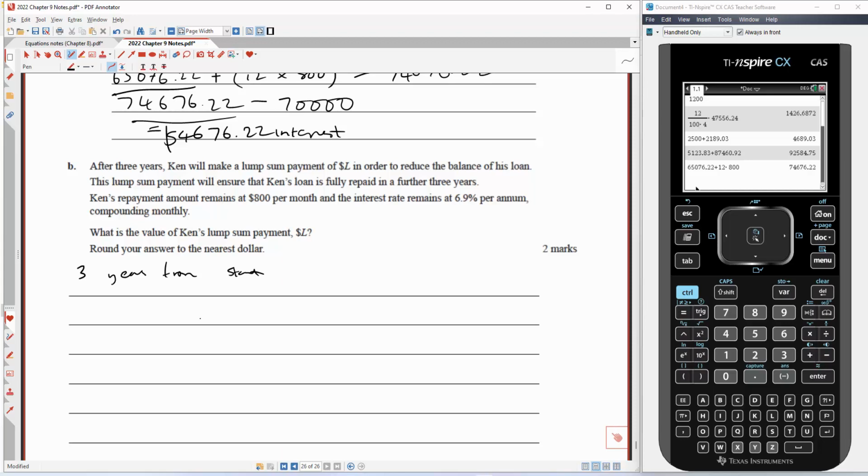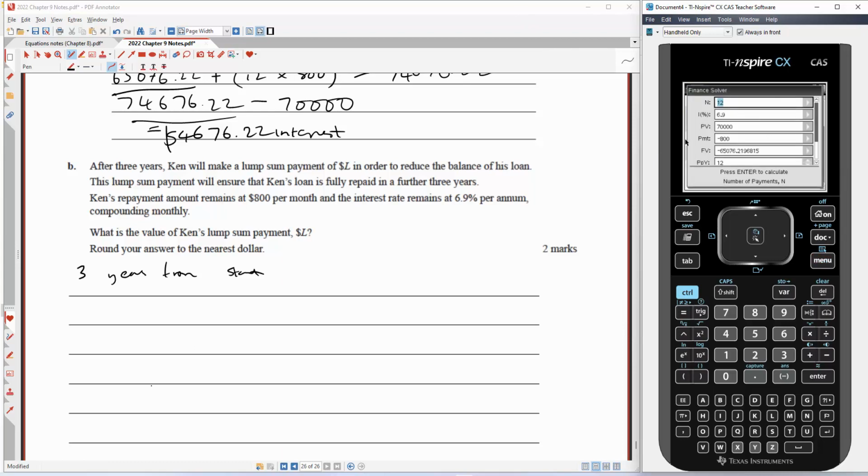Okay, so let's go back to Financial Solver. Okay, so we've got N, I%, PV, PMT, FV. Okay, so we're going to do 3 lots of 12 at an interest rate of 6.9.